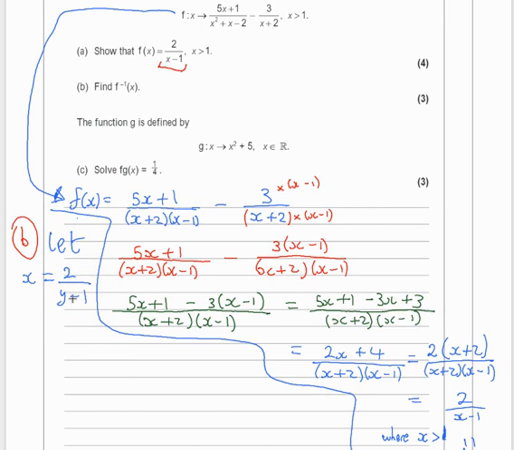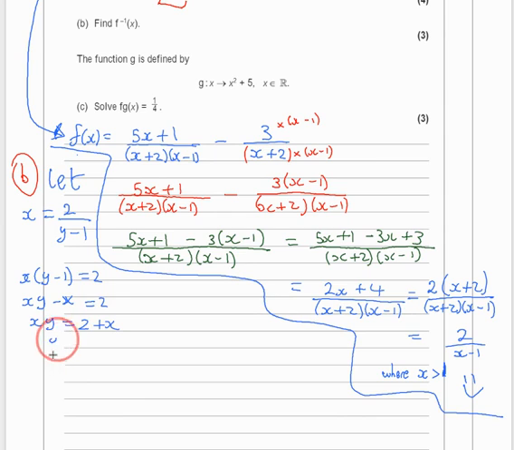And now my objective is to rearrange this to make y the subject. If I multiply both sides by y minus 1, I have x multiplied by y minus 1 equals 2. Expanding, I get xy minus x is equal to 2. If I add x to both sides, I get xy equals 2 plus x. Then dividing by x, I get y is equal to 2 plus x, all divided by x. So therefore, f minus 1 of x is equal to 2 plus x all over x.